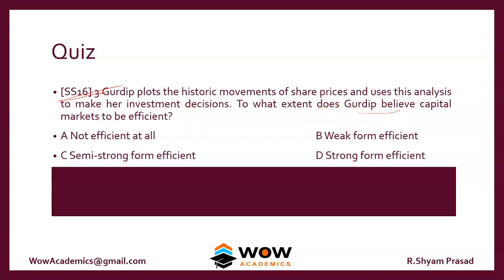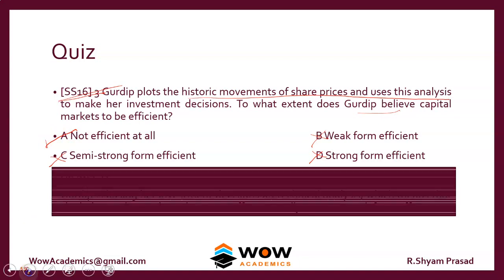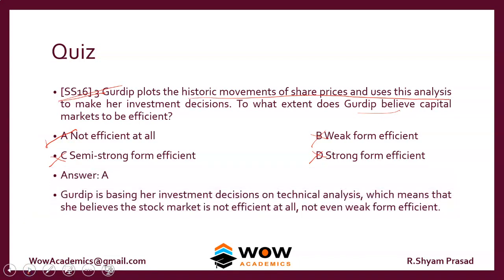So she's trying to use historical price movements and she wants to make money. So which of these is she trying to believe in? She is not at all believing in efficient markets. She believes that the market is not at all efficient. That's why she is trying to make money in the stock market. So A is the answer.